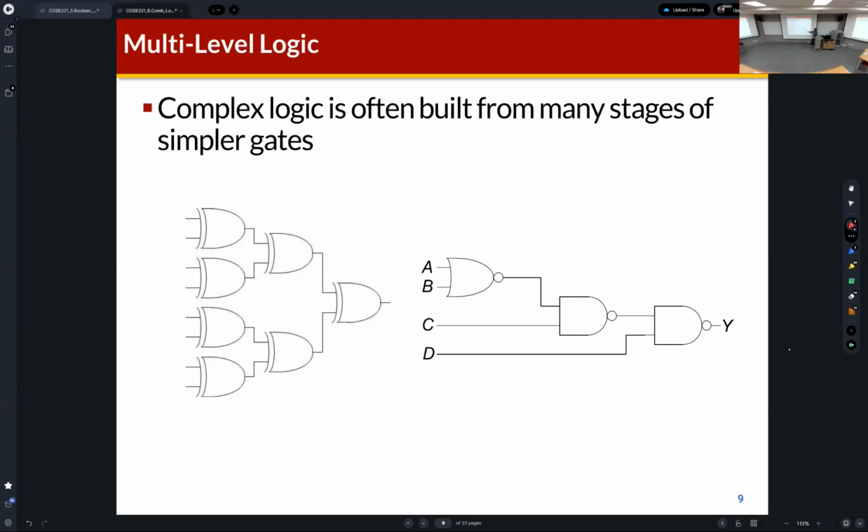As you can see, this is the input and this is the output. From input to output, we can find three logic gates. So this is three-level logic. But we can also consider this digital logic.